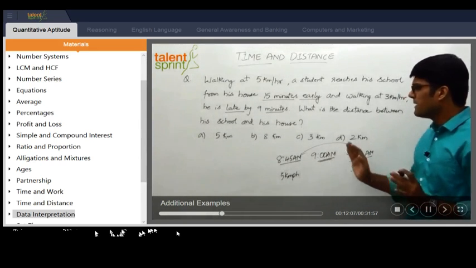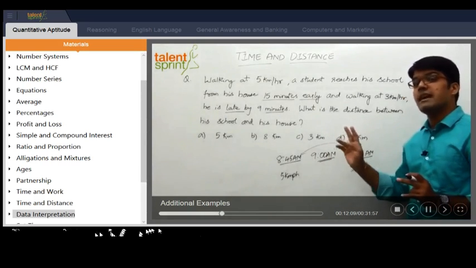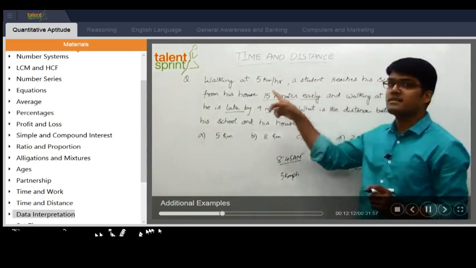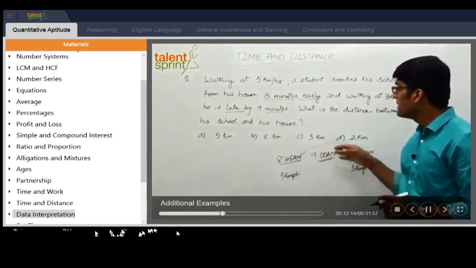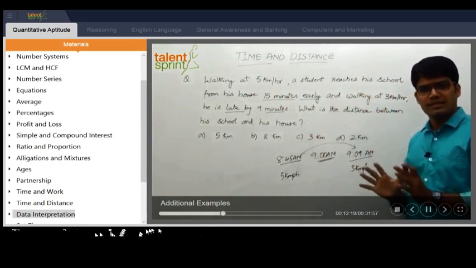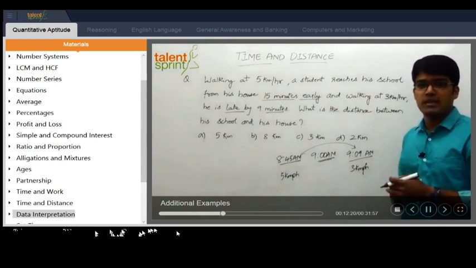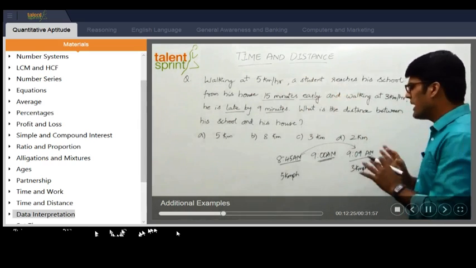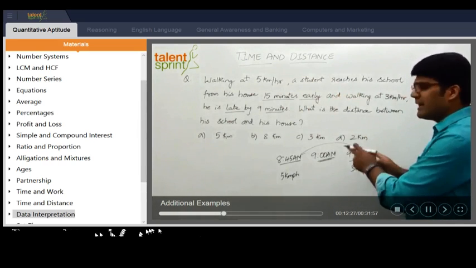In both the cases, again, the distance traveled is the same. Walking at 5 kilometers per hour, the student reaches his school from his house 15 minutes early. And walking at 3 kilometers per hour, he reaches 9 minutes late. So the distance covered is the same in both the cases. Now if we really look at it, how do we get this 24 minutes?